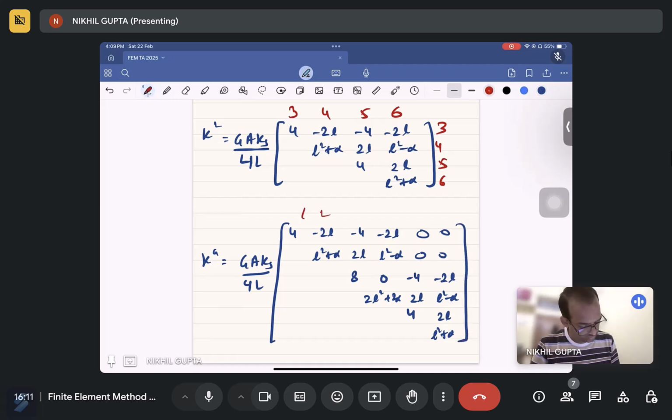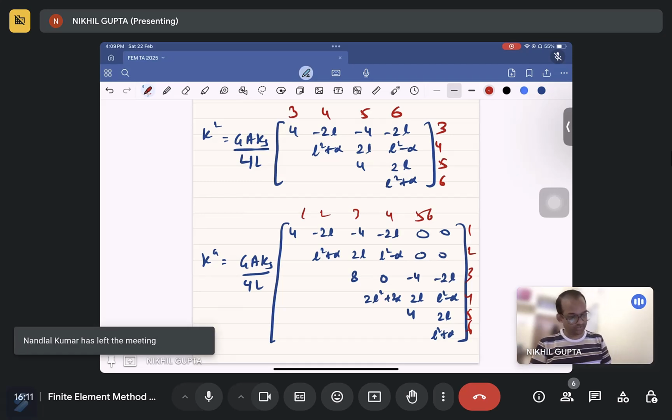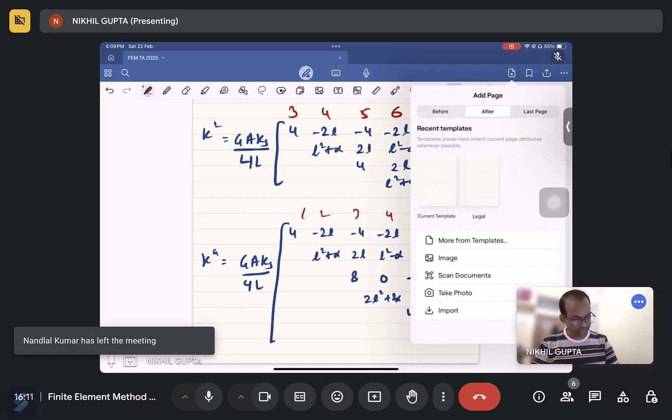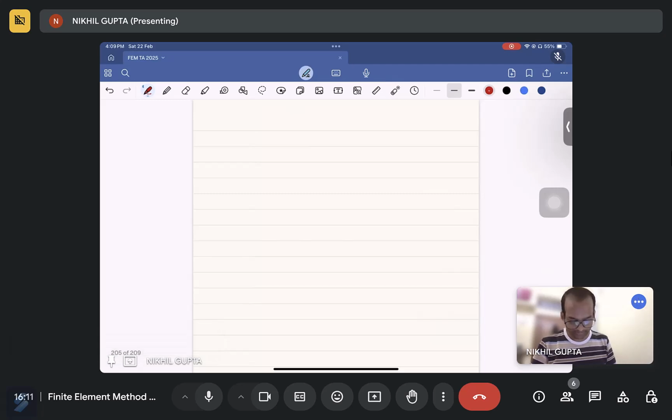So 1, 2, 3, 4, 5, 6. I have used the same method as I solved for the Euler-Bernoulli beam, just the values are different.